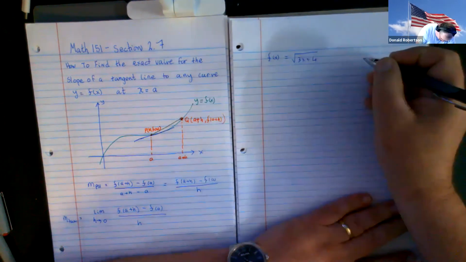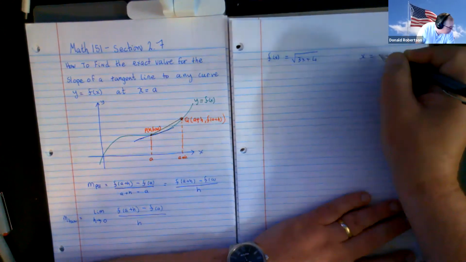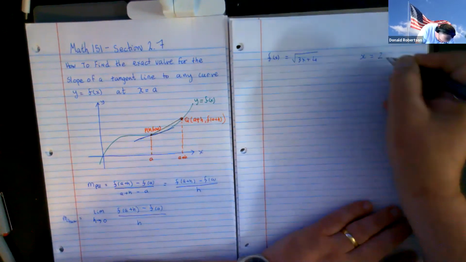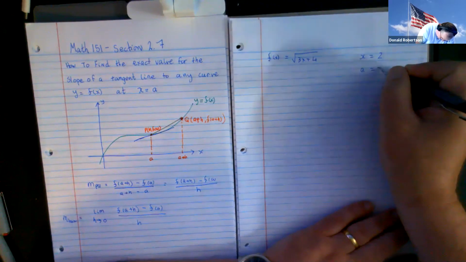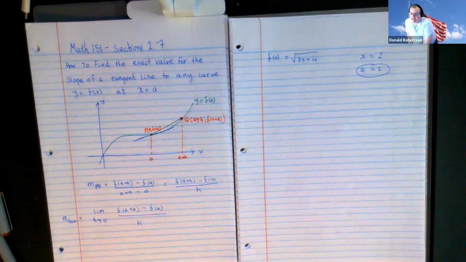And we're going to do it at x equals 2. And I have just found out something that's kind of helpful. They call it a equals 2. Okay, a equals 2 is the same thing as saying x equals 2. I was wondering if they would do that.